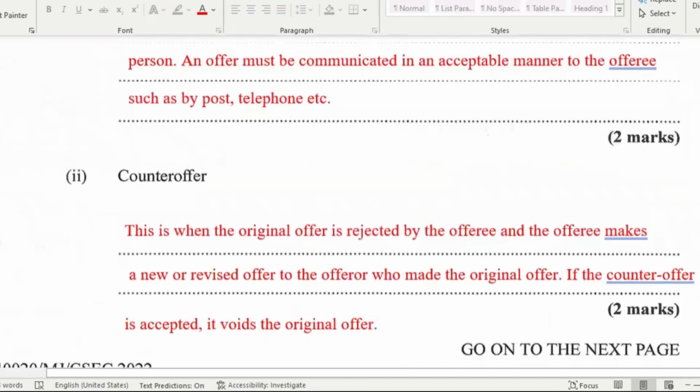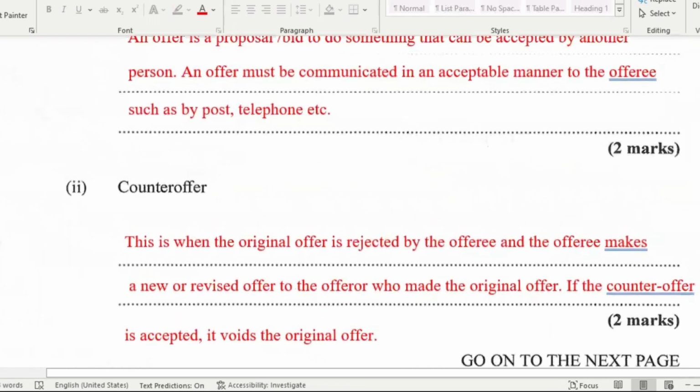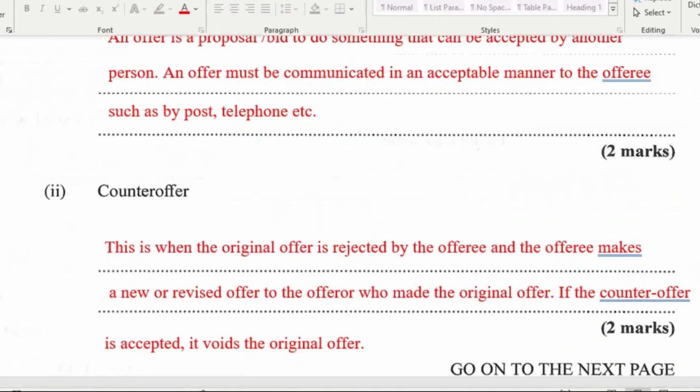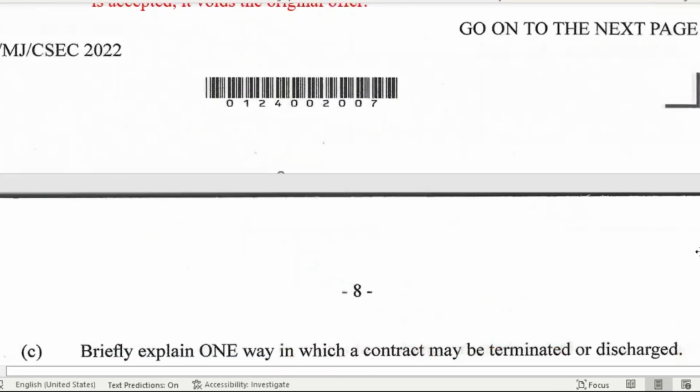Now, a counter offer is when the original offer is rejected by the offeree. And remember, the offeree is the person to whom the offer was being made, right? And the offeree makes a new or revised offer to the offerer who made the original offer. Therefore, if the counter offer is accepted, it voids the original offer. Okay? So let's look at the next question.